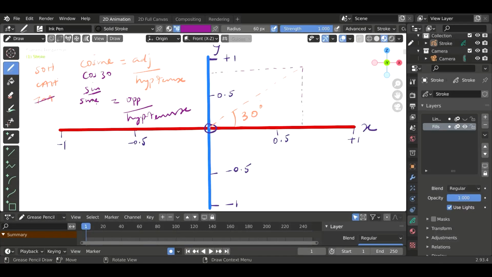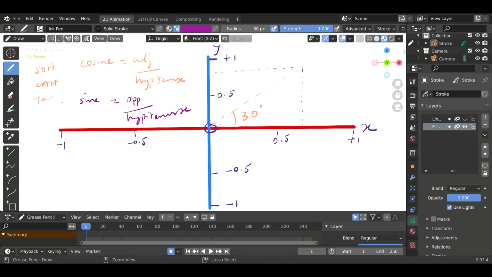So in order to find your cosine, you read it from the x-axis, and in order to find your sine, you read it from the y-axis. If you're looking for the cosine of 60, you just check a calculator to get the cosine and sine of this.